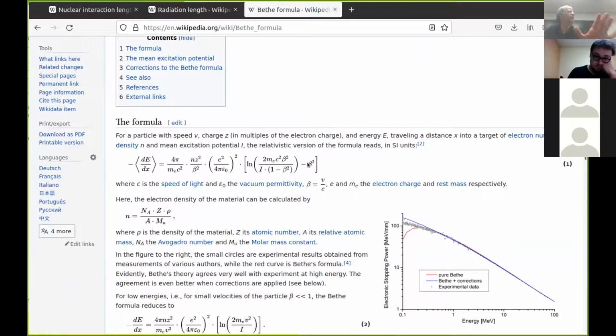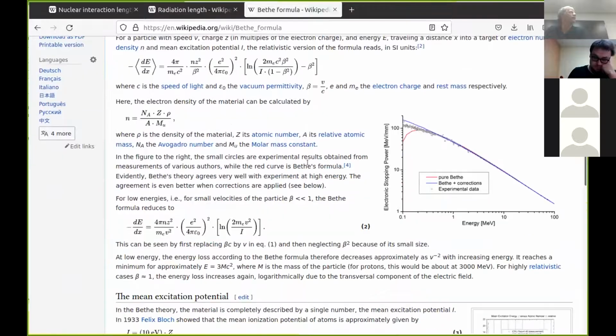We don't need to understand everything in detail, but for small particle velocities, we can look at this in a different way, where it's just the ionization energy of the material I'm traveling through, and basically compare the energy of the particle, the kinetic energy, to the ionization energy, and the logarithm comes from doing an integral over some cylinder.